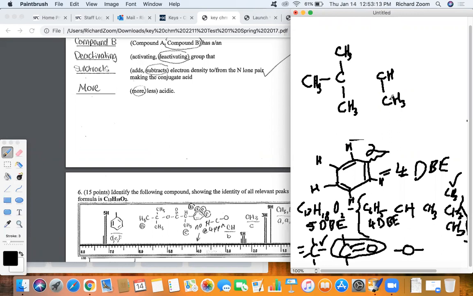Okay, so the CH has 4 peaks, that's 3 adjacent hydrogens on carbon, which means the CH must be next to a CH3. So N peaks, N minus 1 hydrogens on adjacent carbons. That's how I know. The CH3, on the other hand, has 2 peaks. So that means 1 hydrogen on adjacent carbons. So that means that that CH3 and that CH are joined together. So these 2 must be joined together.